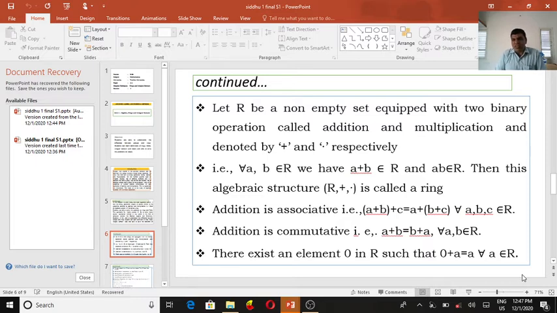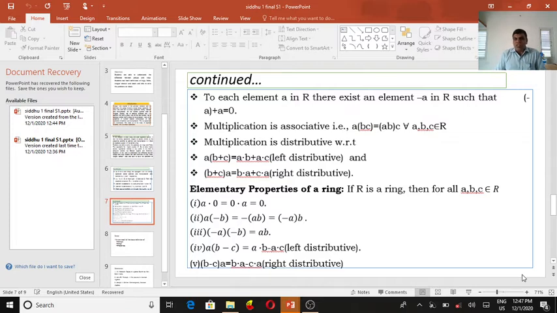Now, there exists an element 0 in R such that 0 plus A equal to A for all A belonging to R. If we add 0 to any element, we get that element back. That is, 0 plus A equal to A for all A belonging to R. How do we get the element 0 in R?